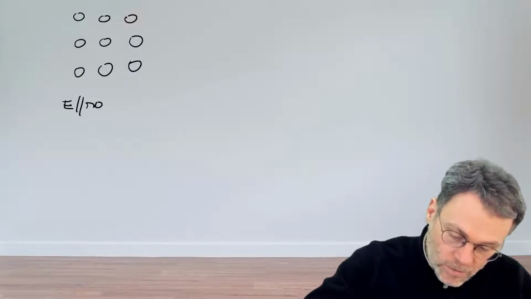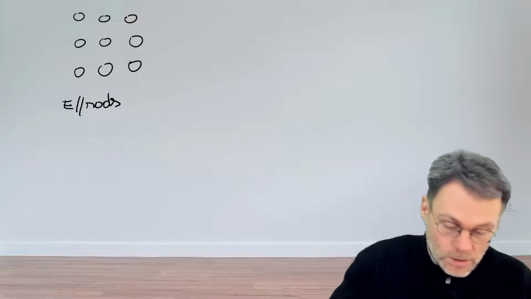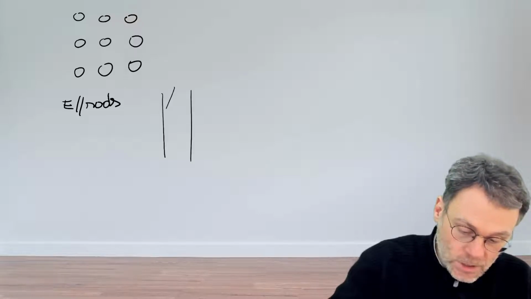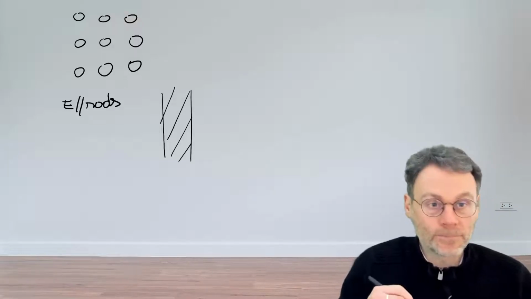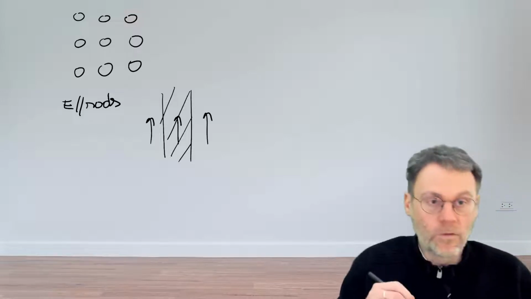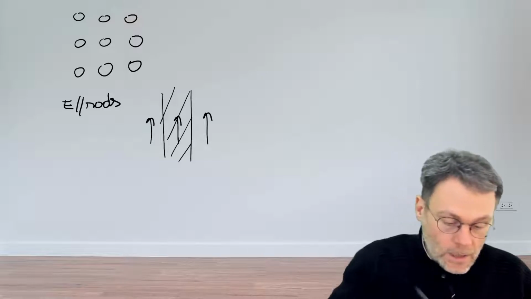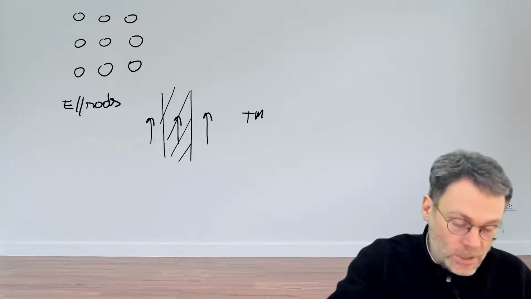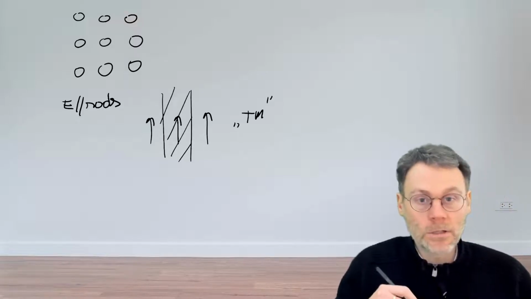So let's just draw these two situations in a bit more detail. So when the electric field is parallel to the rods, if you now have a look at the cross section, so this is a single rod here. If the electric field is parallel to the rods, you get the following situation. This is what's typically called TM polarization in photonic crystal parlance.